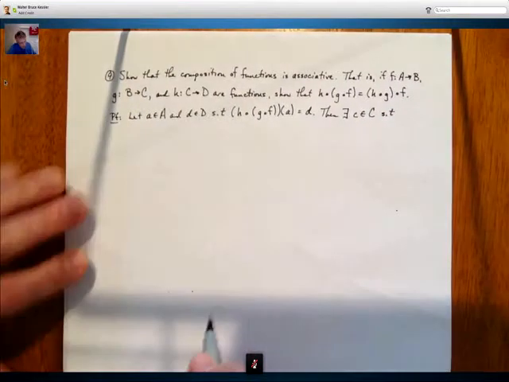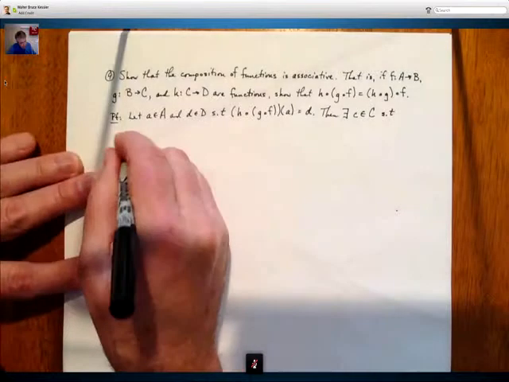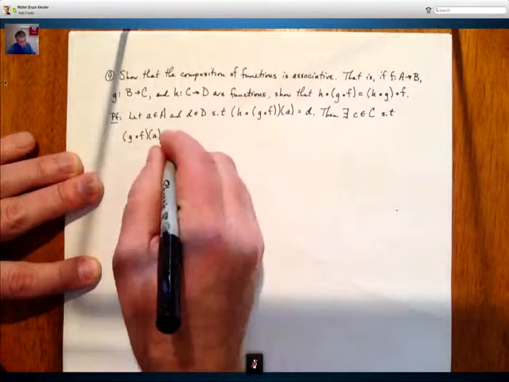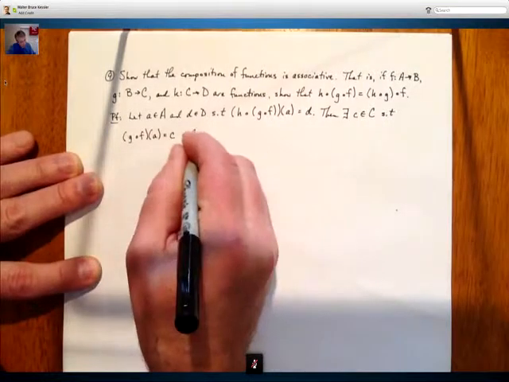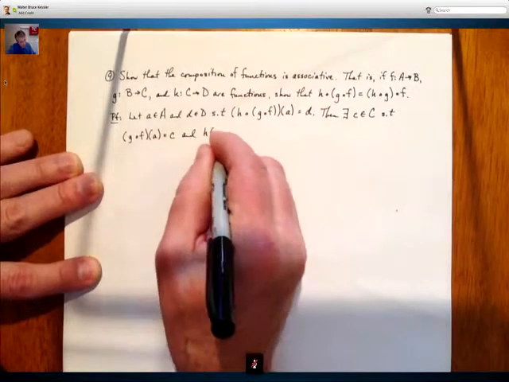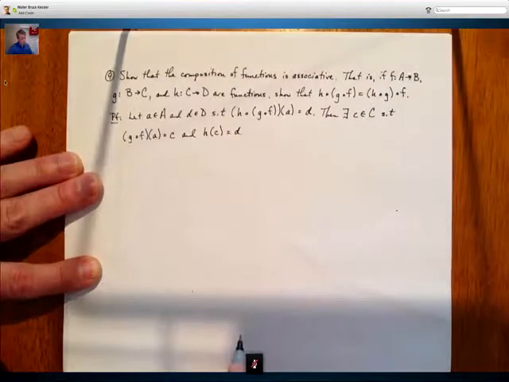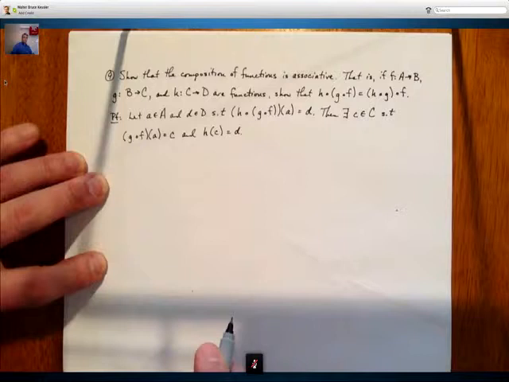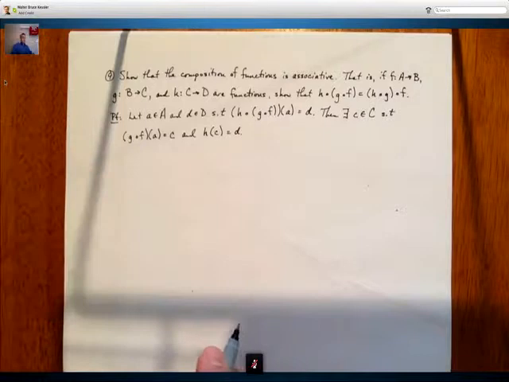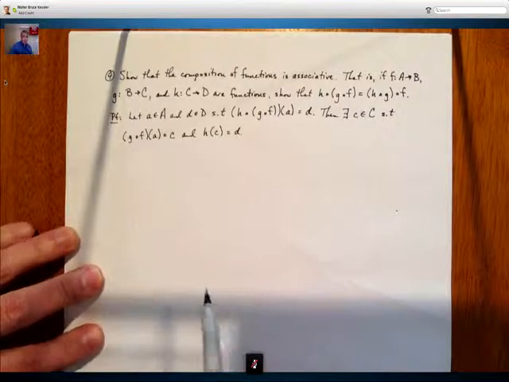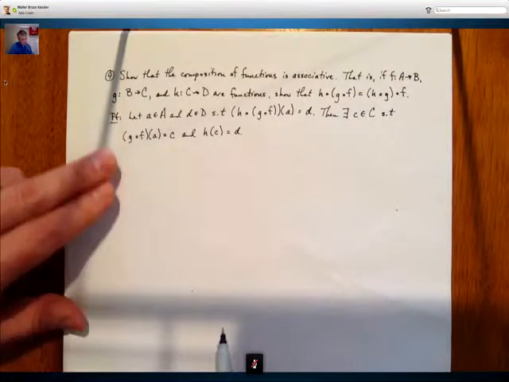I've got to take g of f of a and hit that c, and then I've got to take h of that c and get to d. Okay? That's what composition means. It means there's something in between that I hit, and then when I compose, I just skip right over it.